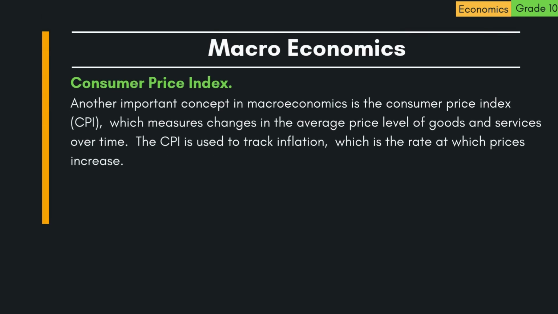B. Consumer Price Index. Another important concept in macroeconomics is the Consumer Price Index, CPI, which measures changes in the average price level of goods and services over time. The CPI is used to track inflation, which is the rate at which prices increase.